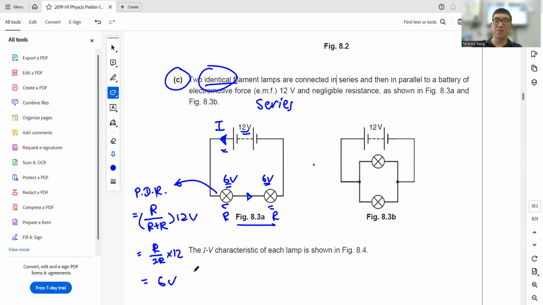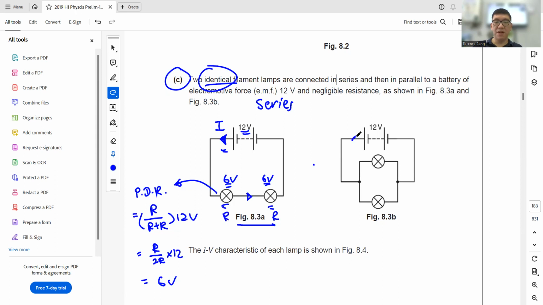That will be 6 volts. So this is the reasoning behind why each of them will have the same potential difference. Before we even do the question, these are the basics that you need to pin down.